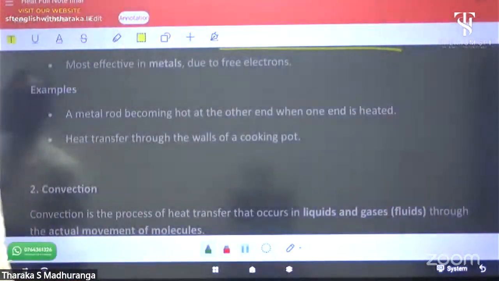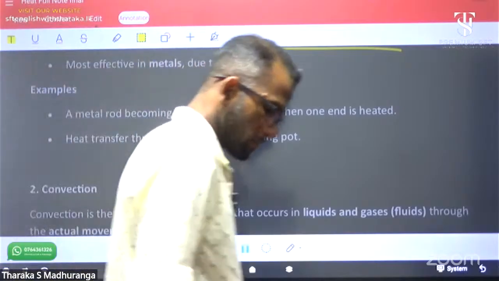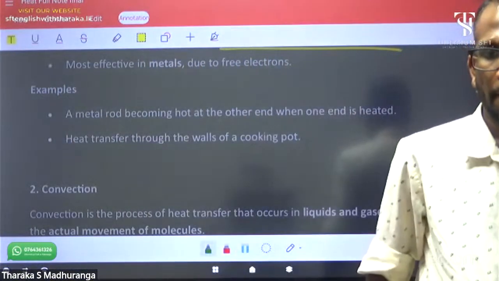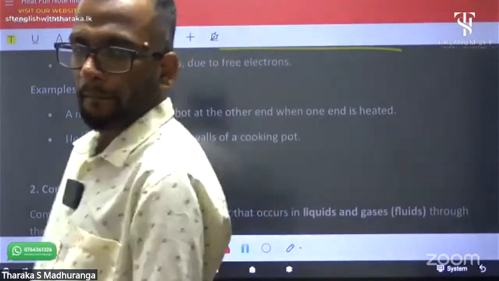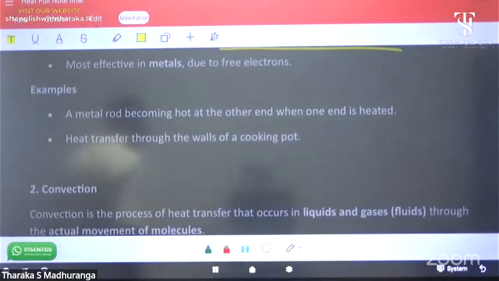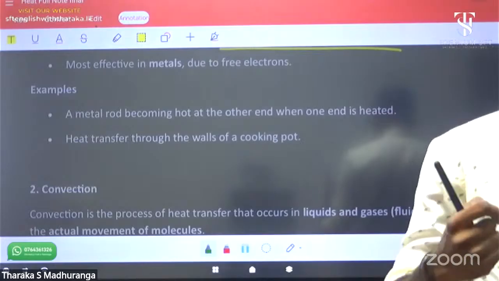Hari, you met? Clear? Now, solid objects only, conduction is the only method.